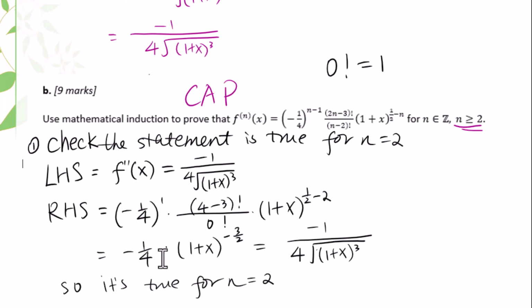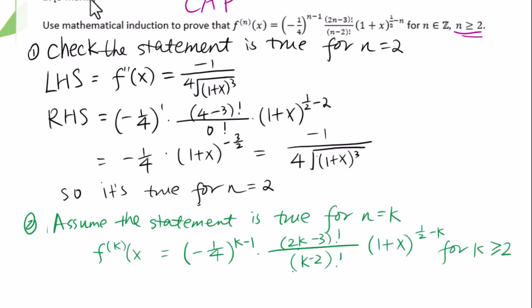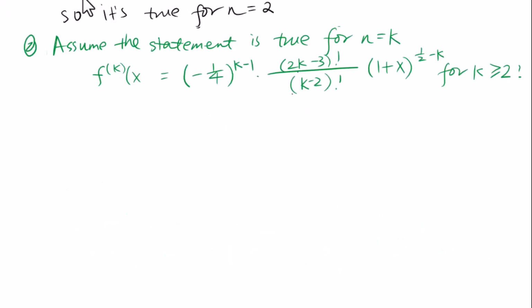Second step, assume the statement is true for n equals k. We will change every single n into k to get this statement. Last step, prove the statement is true for n equals k plus 1.